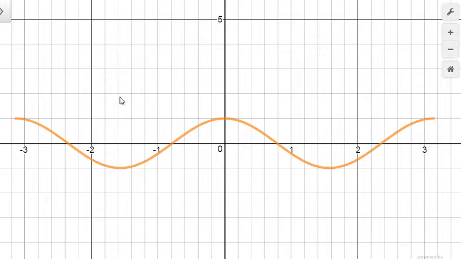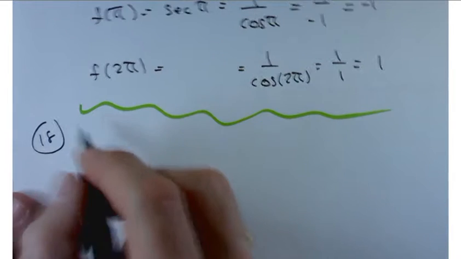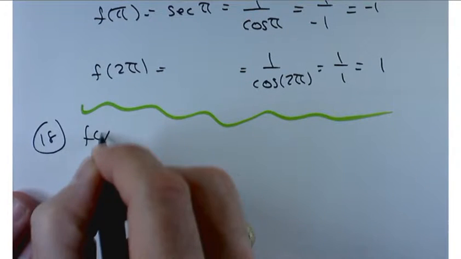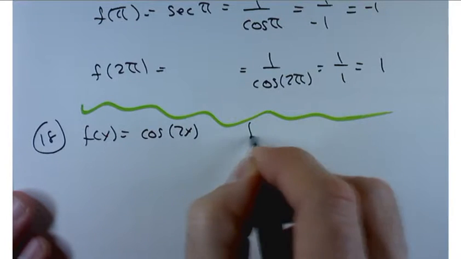Does this satisfy Rolle's theorem? Yeah, absolutely. At the endpoints here, at pi and -pi, the function has a value of 1. So we're good there. Let's work on the rest of it. It's continuous and differentiable in that interval. So f of x is cosine of 2x on the interval -pi to pi.